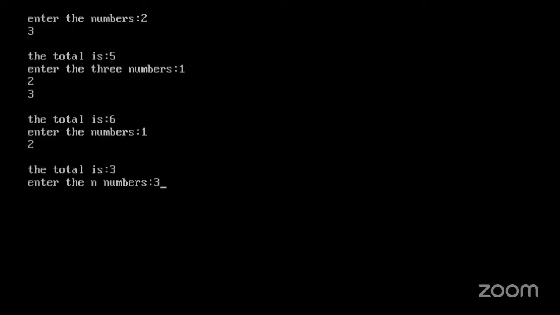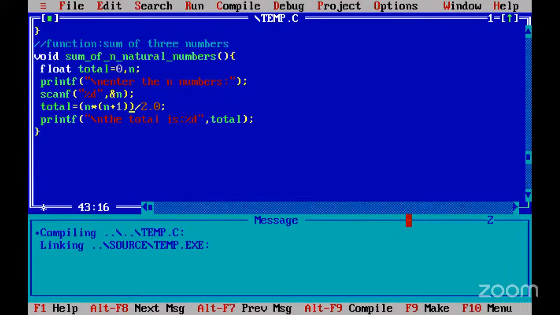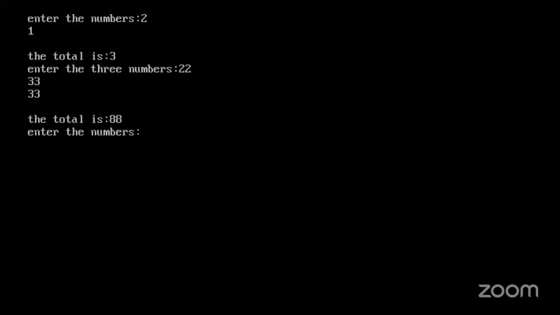Enter the n number 3. So it is coming here as 0, because this is a float value. Okay, 2, 3. So we have done this.